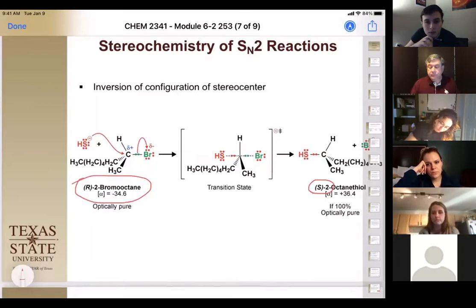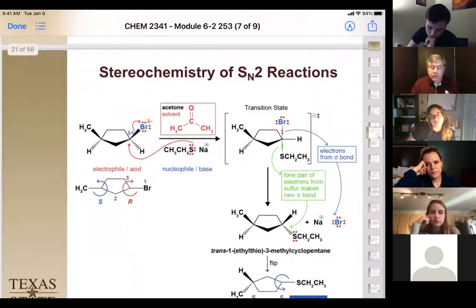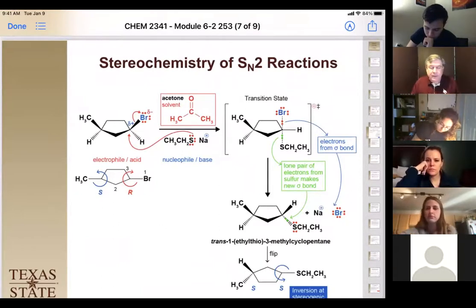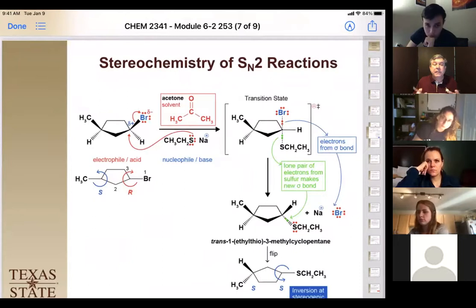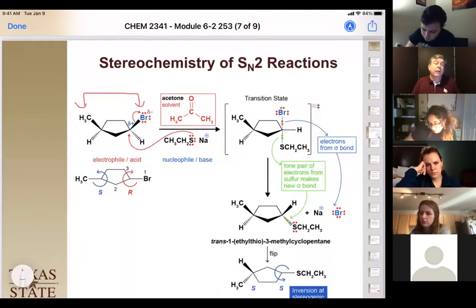Okay, so this also happens on rings, even though rings are kind of trouble to get in your head. You can see it very easily in rings because if you start with a compound that is cis, where both of the substituents are on the same side of the molecule, because we have to come in and attack 180 degrees from the leaving group, we're going to end up with a compound that is trans.